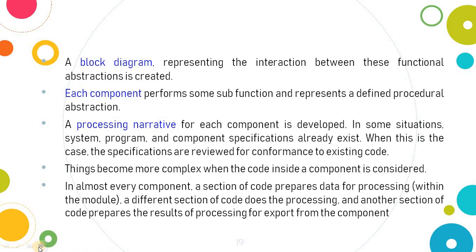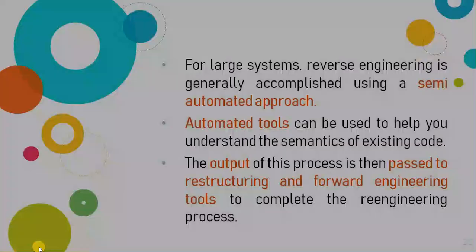Here we will use some block diagrams to represent that processing, and here we will identify the component level details. After getting the component level details, we will analyze each component, their internal processing and how the components interact with each other. All these things we will collect and prepare an overview.